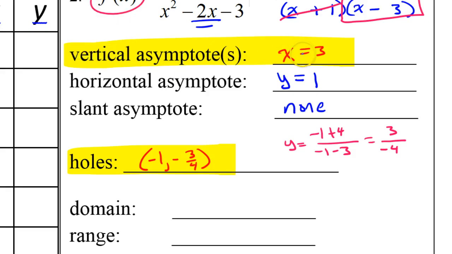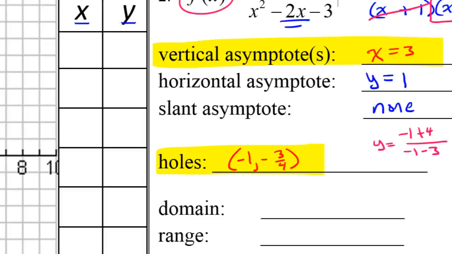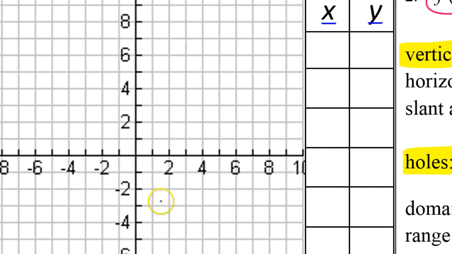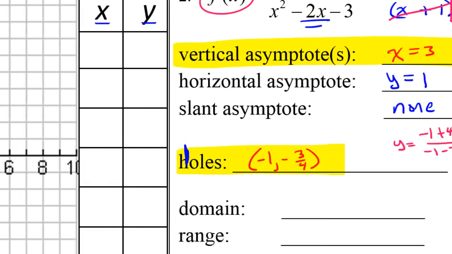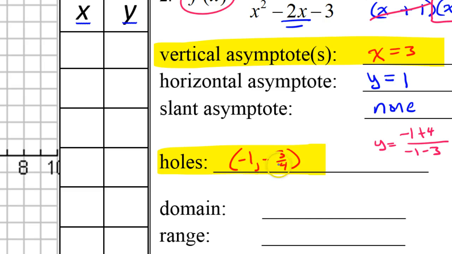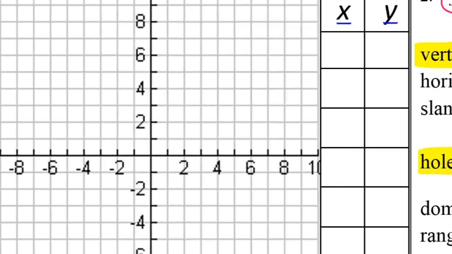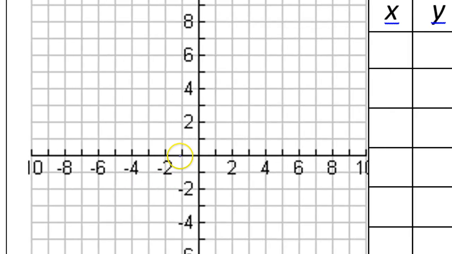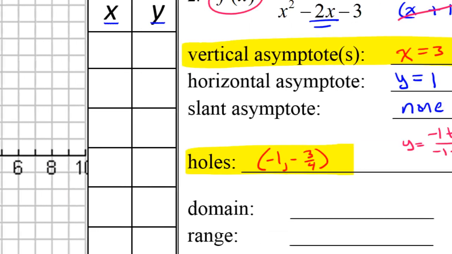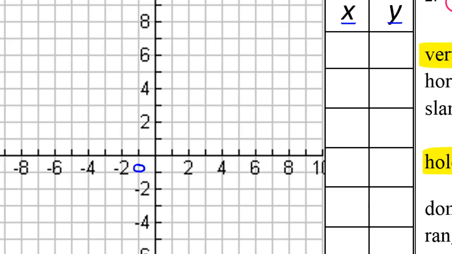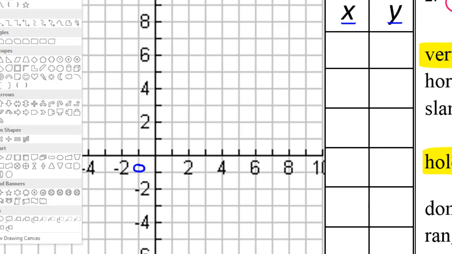So I have a vertical asymptote at x equals 3. Okay, so I'm going to have a vertical asymptote right here. And I have a hole at -1 comma -3/4. Alright, so -1, -3/4. So I have a hole like here. Okay, sorry, what was my vertical asymptote? At 3. So maybe I'll draw a little bit of my vertical asymptote.